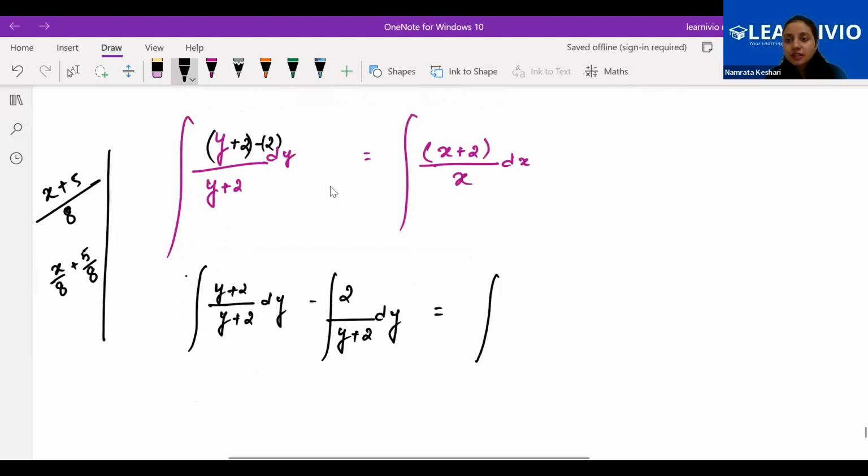This logic we can apply when there is a single denominator, or even if the denominator is not single, like y plus 2 is there, you are going to treat it like a single unit, single term. Then only we can apply this logic. So x plus 2 by x, which will give us 1 plus 2 by x.